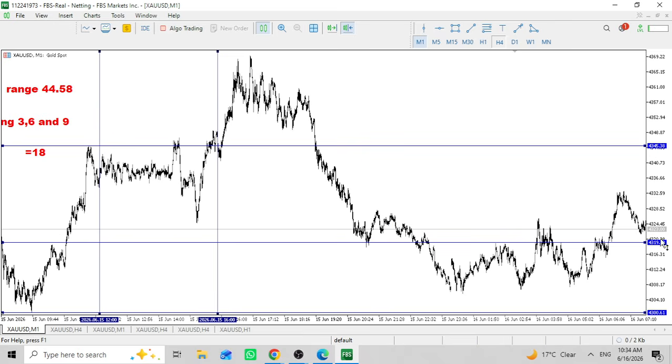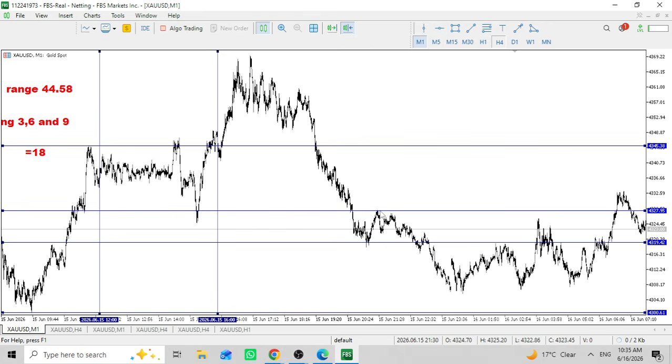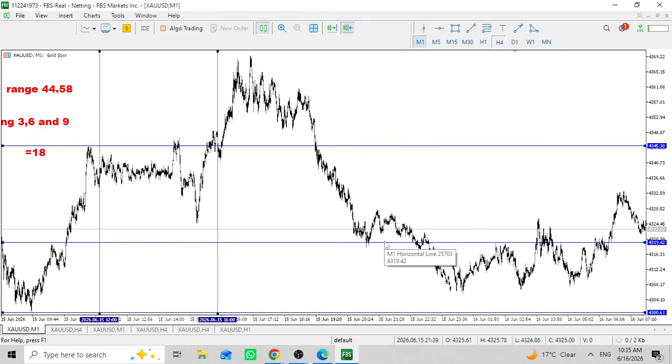Because this is 19, the market went back for how many pips? 19 and 27. No, there, 28. So that's around 90 pips. Tap, move back 90 pips.